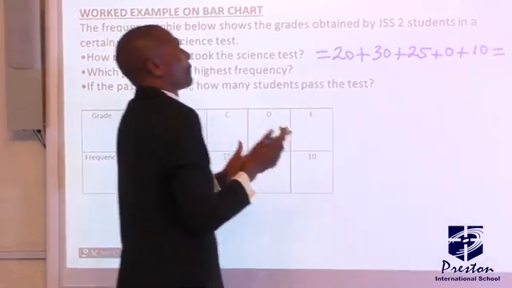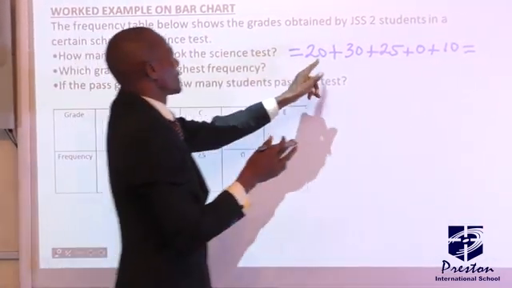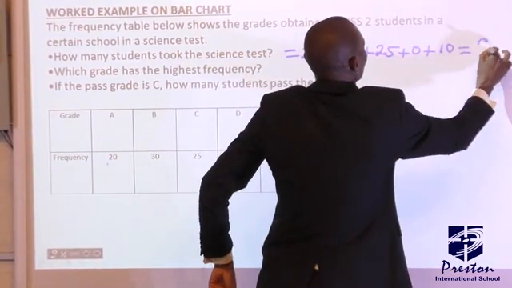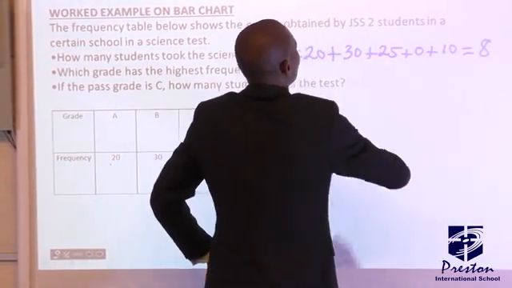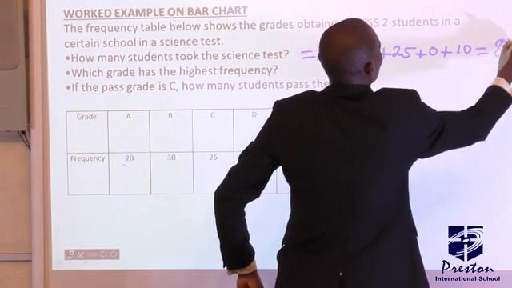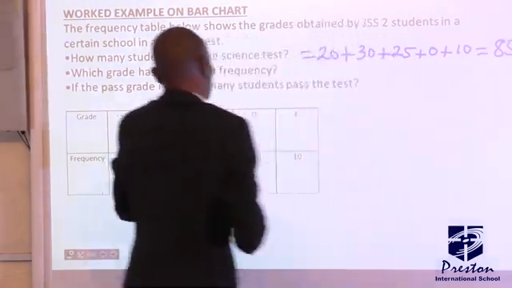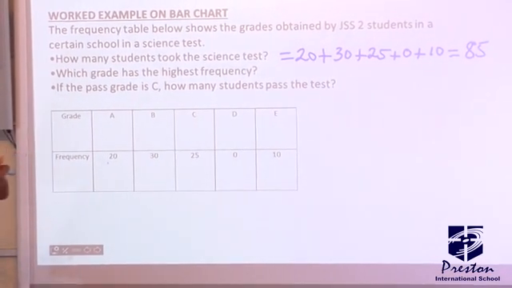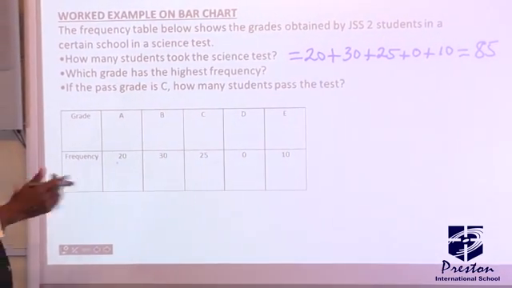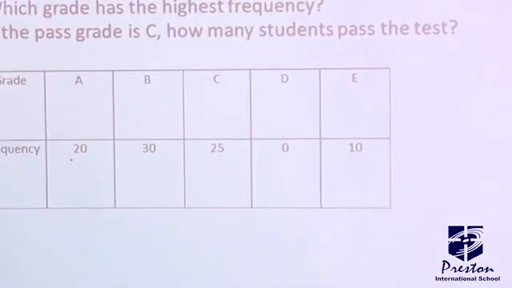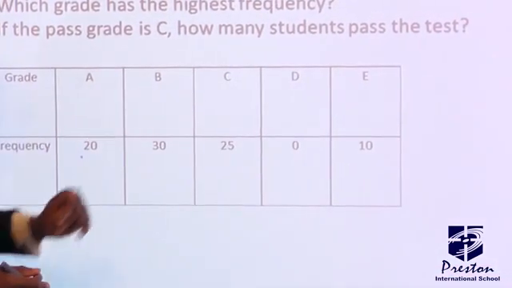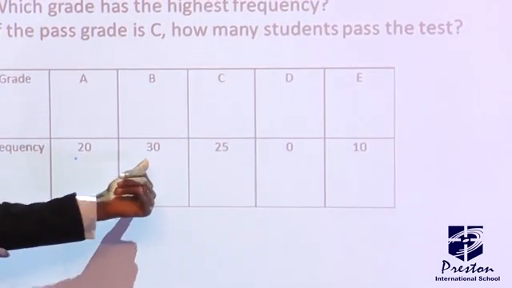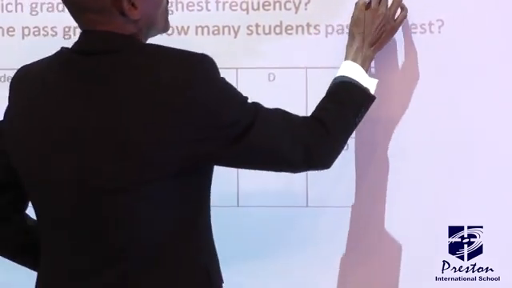By the time you add everything together, 20, 30, 50, 75, 85. 85 students took the test. Which grade has the highest frequency? Very simple. Grade A has frequency 20, grade B 30. Which of these has the highest frequency? The highest frequency is 30, and this is grade B.